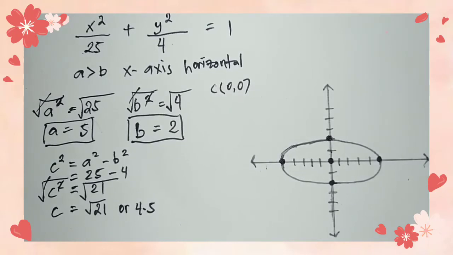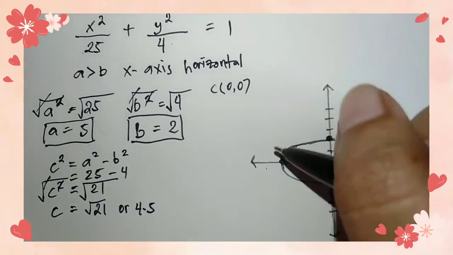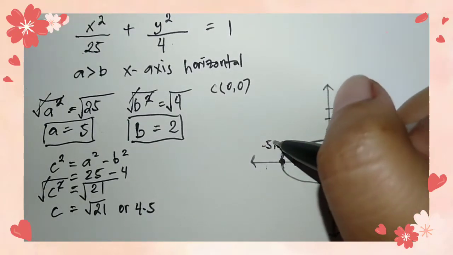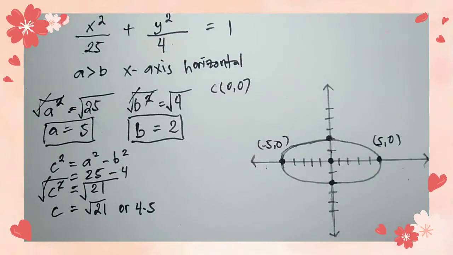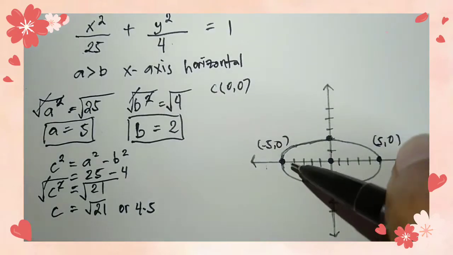The next thing to do is to get its coordinates, okay? So, kuhain muna natin yung coordinates ng ating 2 vertices. We have positive 5 and 0 and negative 5 and 0. Alright? Okay, i-plot muna natin first pala yung ating foci. Since ang ating foci is 4.5 or square root of 21, so nandito siya, 1, 2, 3, 4, 0.5.